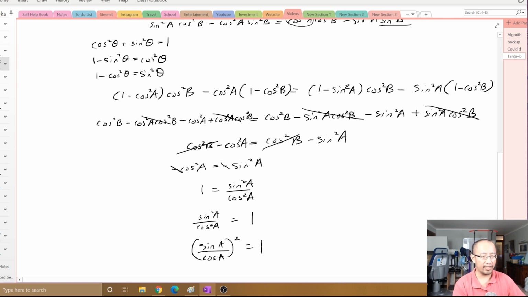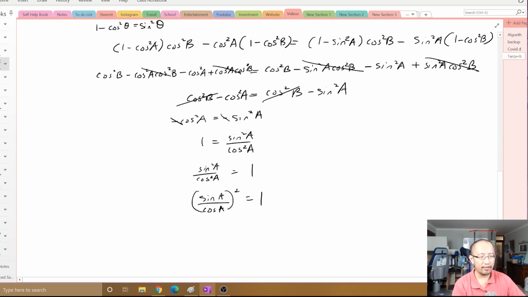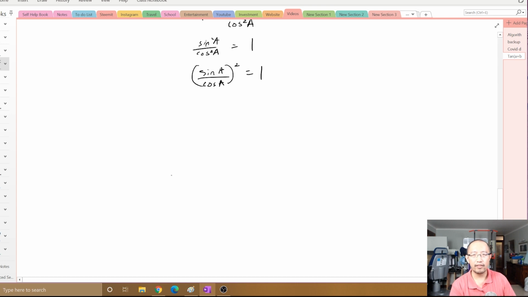Okay, that's the same thing. And then to simplify that even more, I can write tan. Actually, let's just square root both sides now. So it's sine a over cos a equals 1. Because I square root both sides, 1 square root is 1.